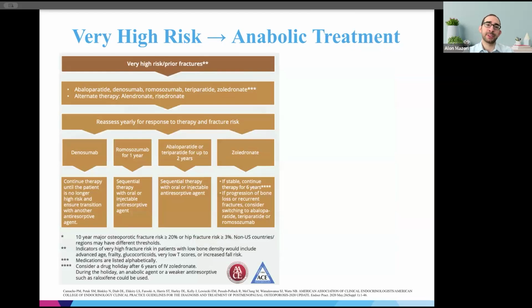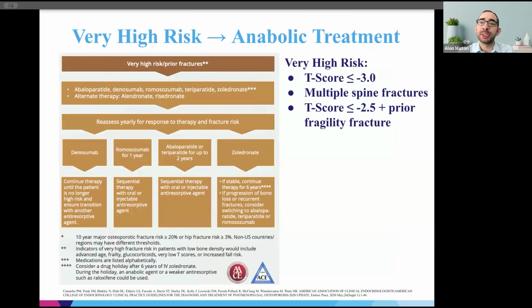In terms of very high-risk osteoporosis, which is effectively the other individuals, T-scores of -3.0 or worse, multiple spine fractures, or a T-score of -2.5 or worse, and they've had a prior fragility or low trauma fracture.